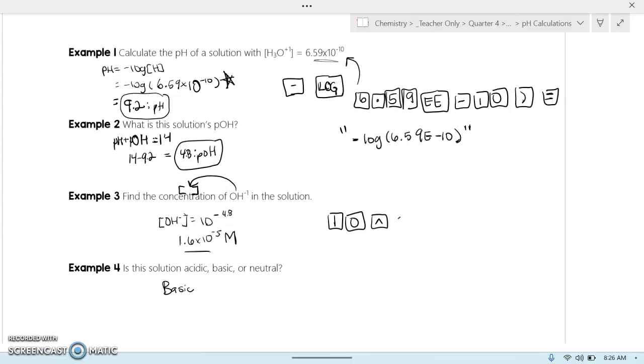And then I like to put parentheses just to make sure, so put your parentheses. This one's negative 4.8, and then close your parentheses.